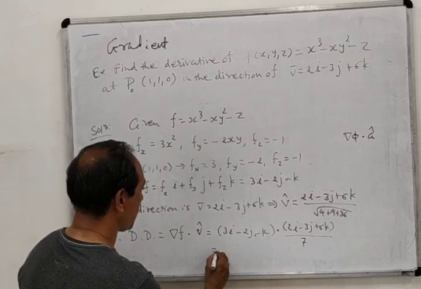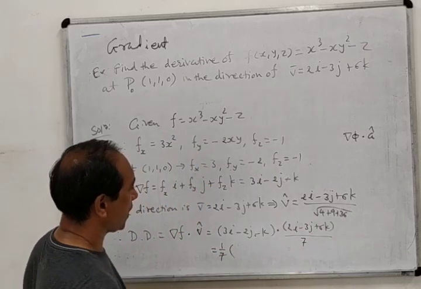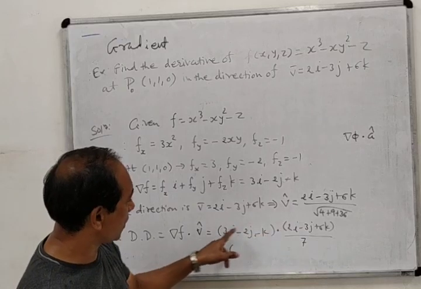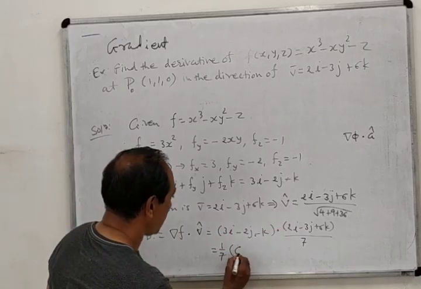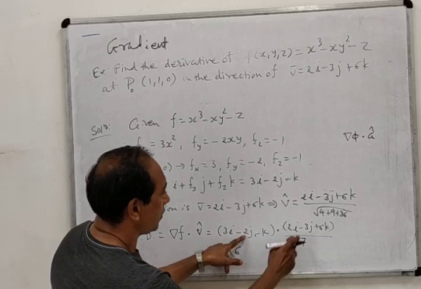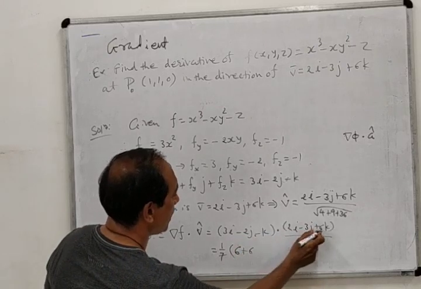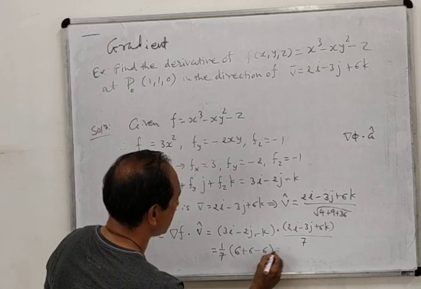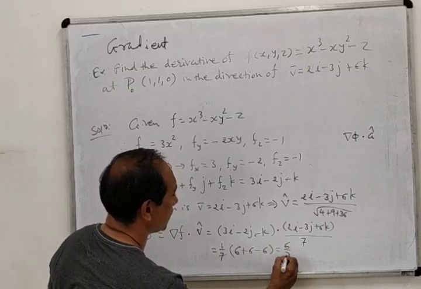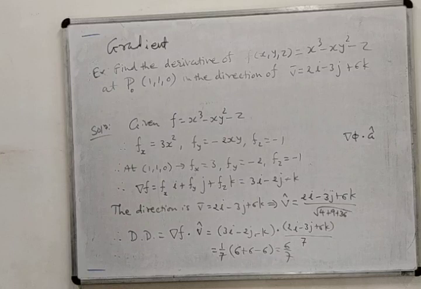So 1 upon 7 we take outside, and then take the dot product. 3 into 2 is 6, j with j gives minus 2 times minus 3 which is plus 6, k with k gives minus 6. So this is 6 by 7. This is the directional derivative of a function in a particular given direction. All of you note down this example also.